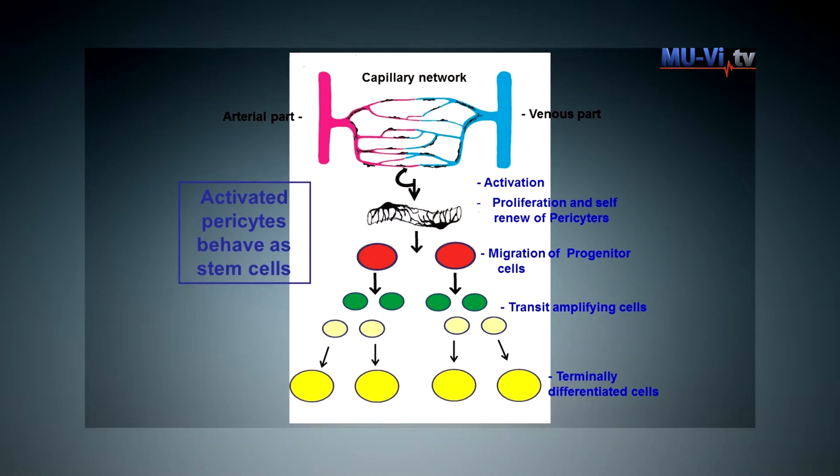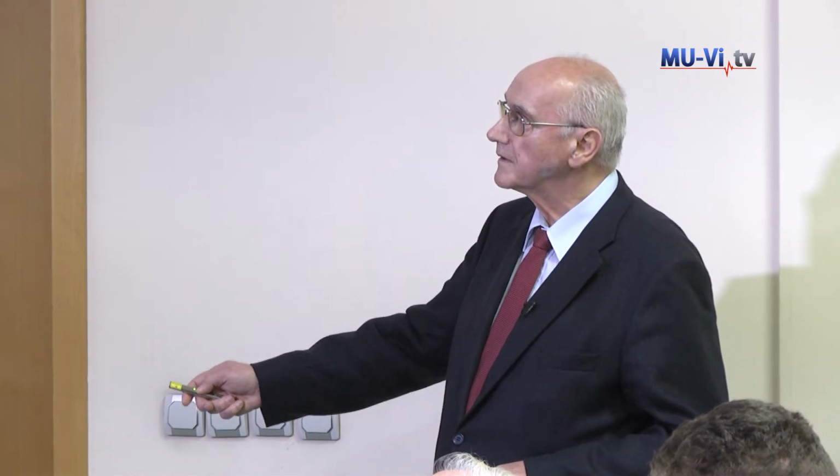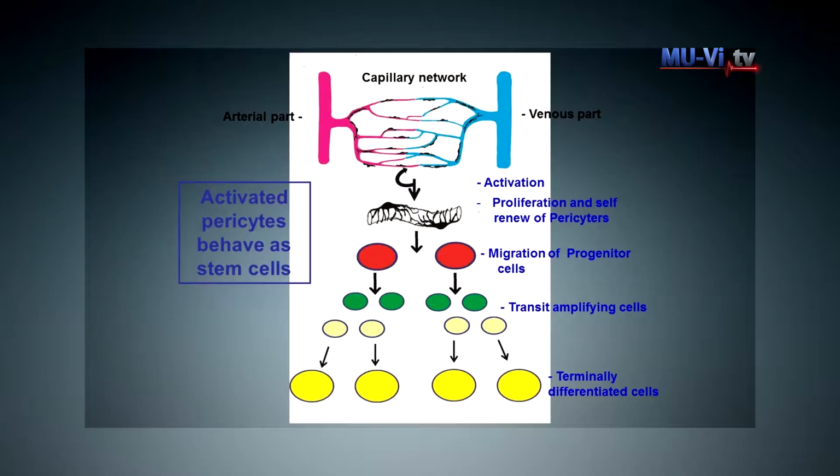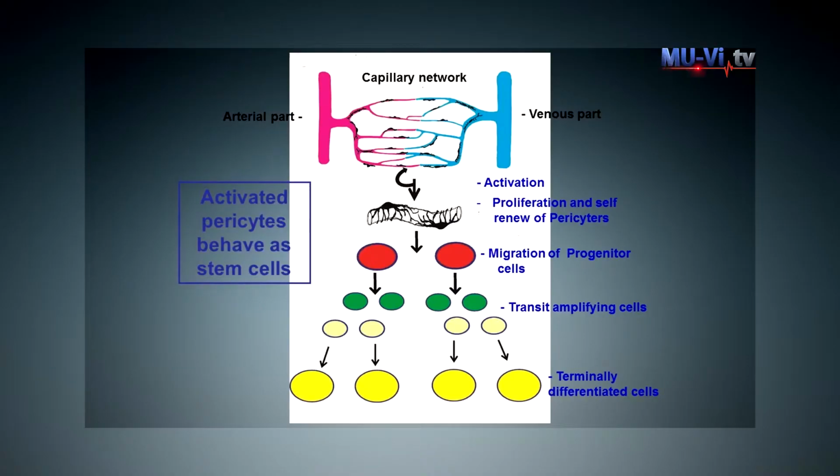They are located in a capillary network. After activation, they proliferate and migrate and build the so-called transient amplifying cells. These are middle cell forms, which then become terminally differentiated to Leydig cells.